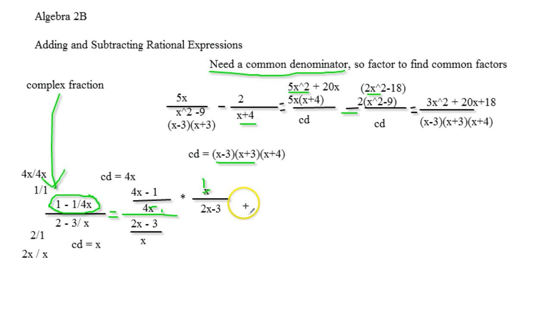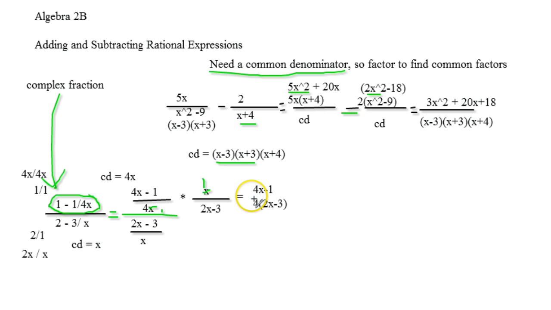I can't factor these, so I just leave those alone. So what I'm left with up top is 4x minus 1 over 4 parentheses 2x minus 3 on the bottom, and obviously I have my fraction bar in between.